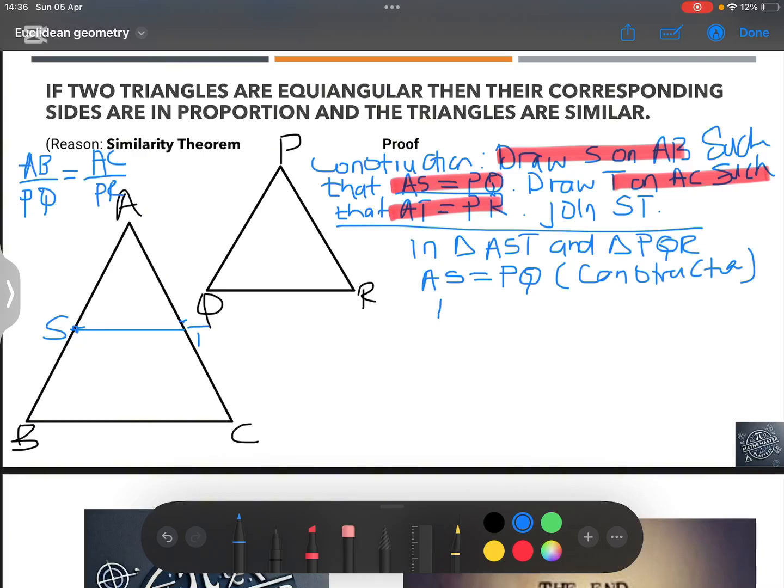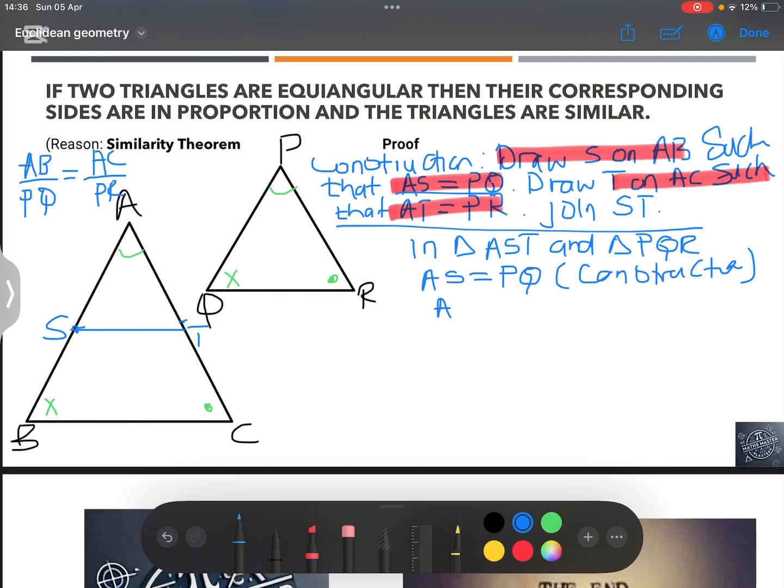And then we have angle A. When you are required to prove this, it will always be given that this angle is equal to that angle.